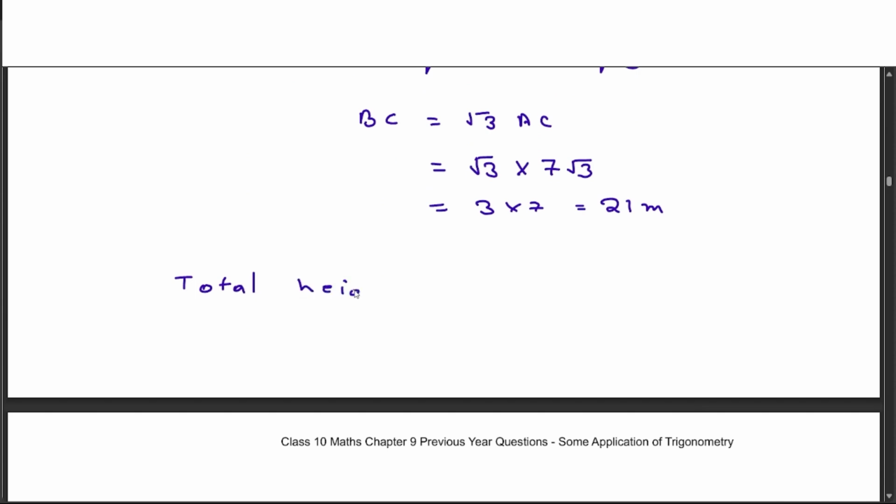Total height of tower is equal to BC plus CD. So BC you got 21 meter plus 7 meter. So which means total height you will get 28 meter. Hope you understand this question.